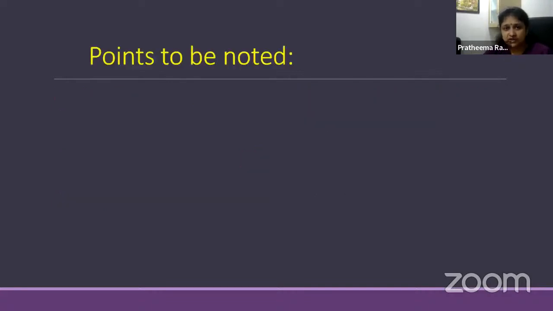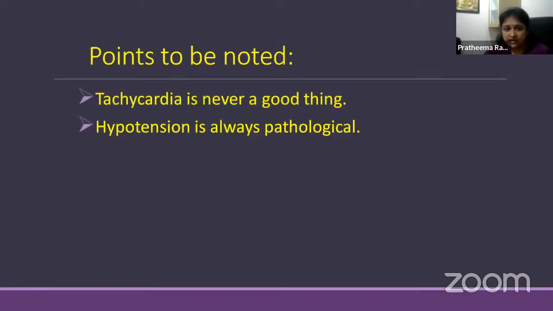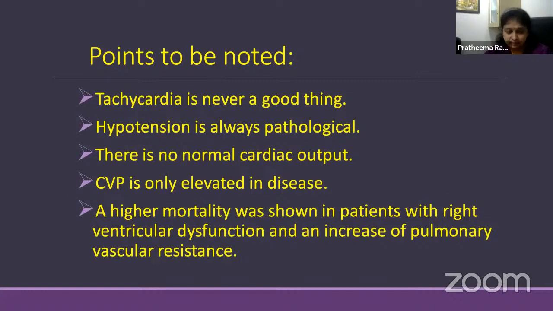So, points to be noted in hemodynamic monitoring as a whole. Tachycardia is never a good thing. We cannot just ignore tachycardia, and hypotension is not always pathological. And there is no normal cardiac output. CVP is elevated only in disease. Higher mortality was shown in patients with right ventricle dysfunction.